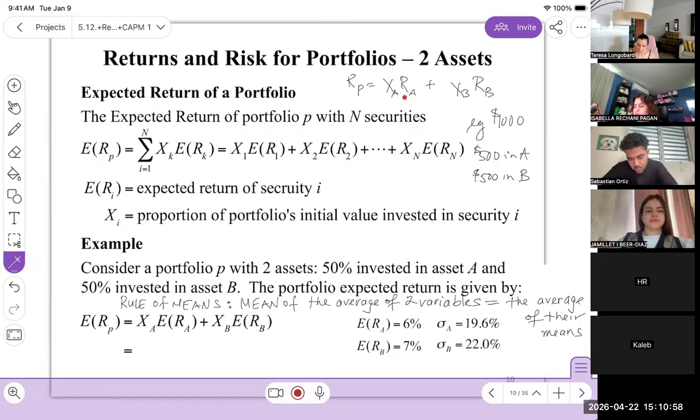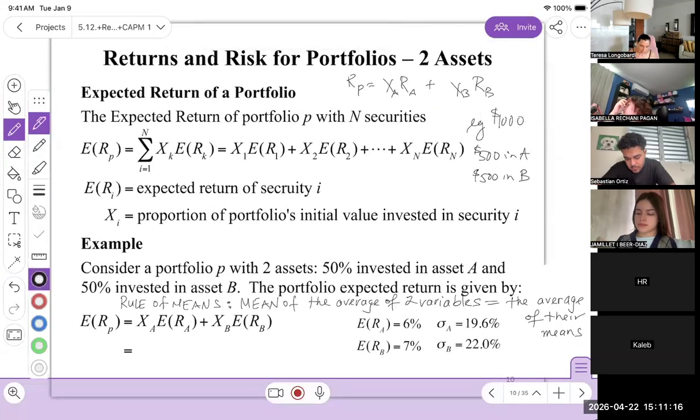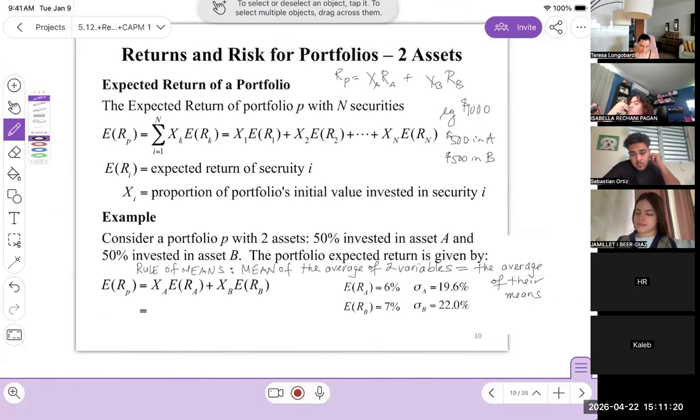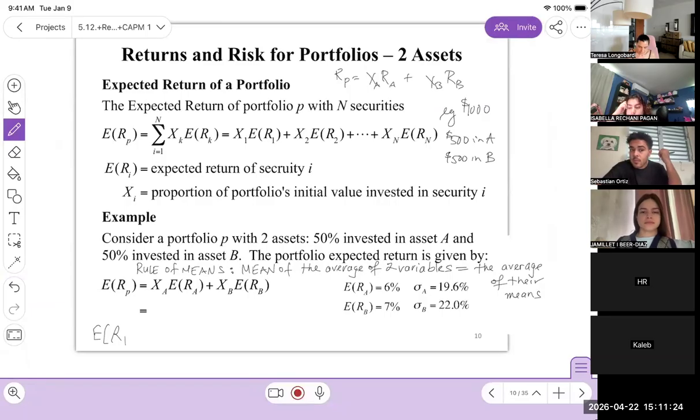Okay, so this is the average of two variables, right? And now I want to get the mean of the average of two variables. But this is just going to be the average of the two means. How that works is, we call E an operator. It's a linear operator. And the XA and XB are just numbers.